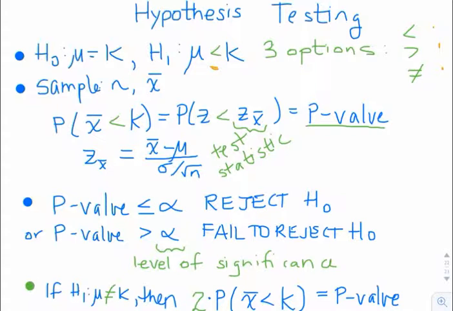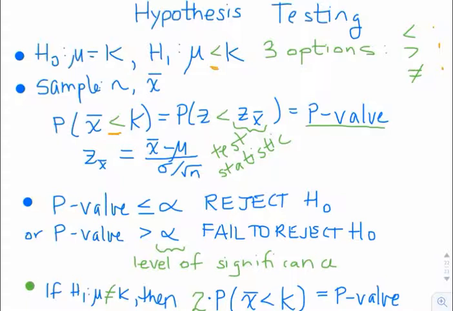Let's say the alternate hypothesis said that the mean is actually less than k. So that carries down to this calculation here. We're looking for the probability that our sample mean x bar is less than k. That is the same as the probability that z is less than our test statistic. How do we find our test statistic?